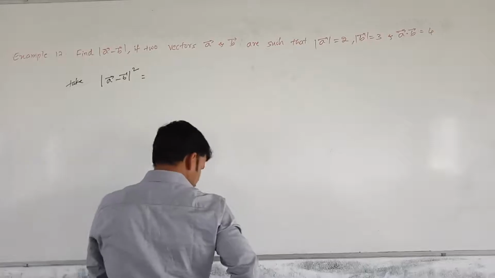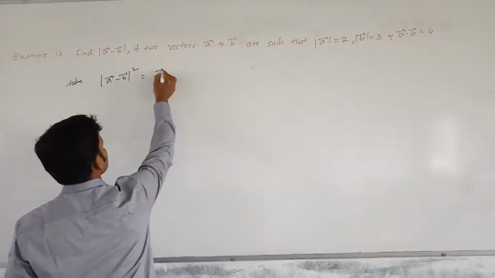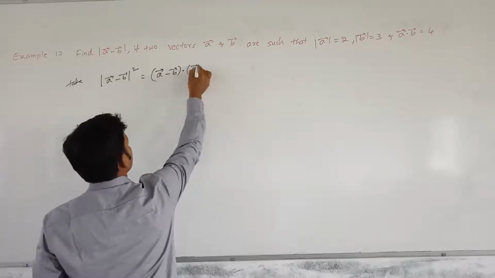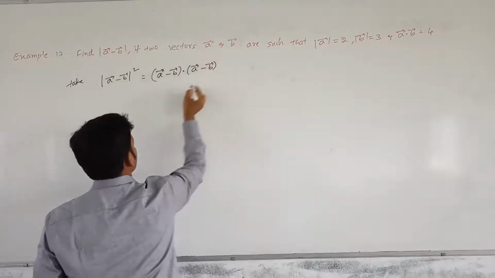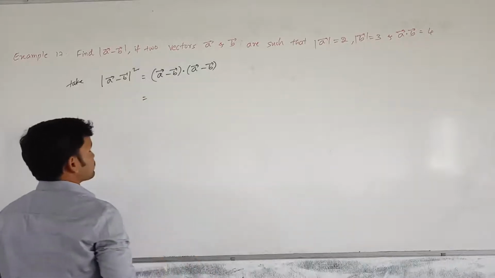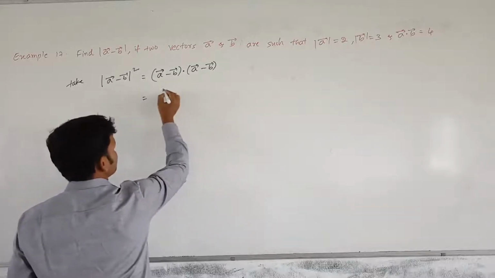That means magnitude of A minus B square can be written as vector A minus vector B, in dot product with the vector A minus vector B. Like this we can write. Now taking dot product of these two, dot product is distributive.